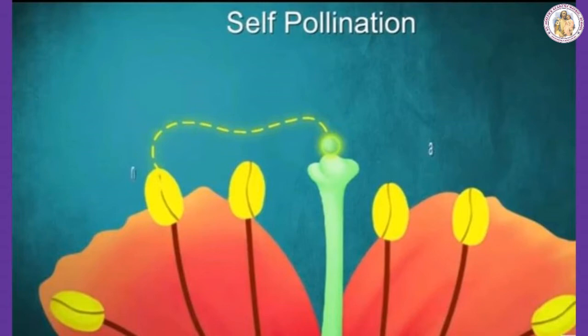There are three disadvantages of self-pollination. Seeds are very few in number. The endosperm is very minute, so the seeds produce a weak plant. New varieties of plants cannot be produced at all.